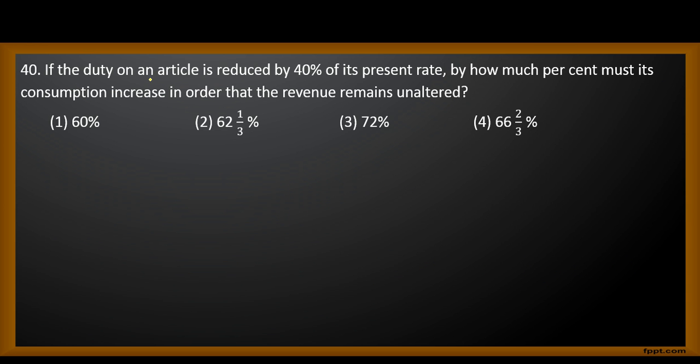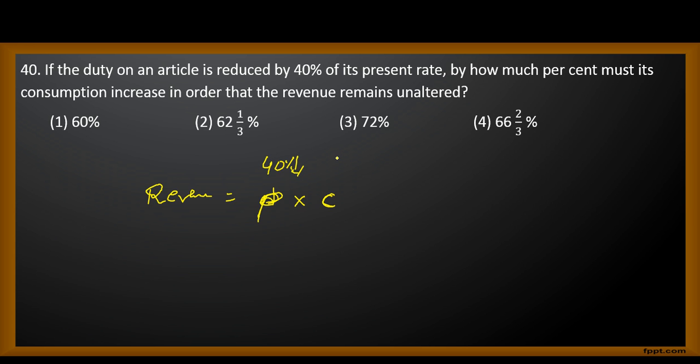If the duty on an article is reduced by 40% of its present rate, by how much percent must its consumption increase in order that the revenue remains unaltered? Revenue here is nothing but price into consumption. 40% is reduced here.